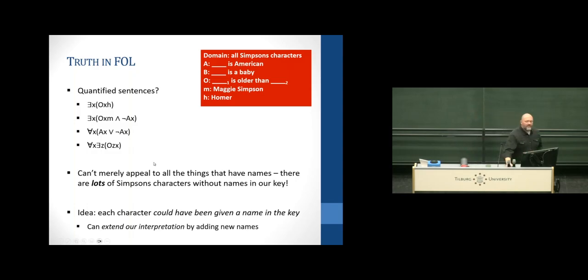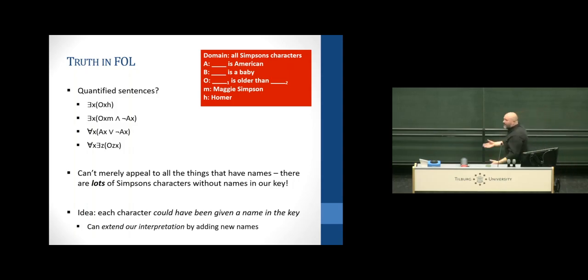And the general idea is that all those things that are in the domain that we don't actually have a name for in our interpretation, we could have named them. We can extend our interpretation by adding a name for the thing that's already there.